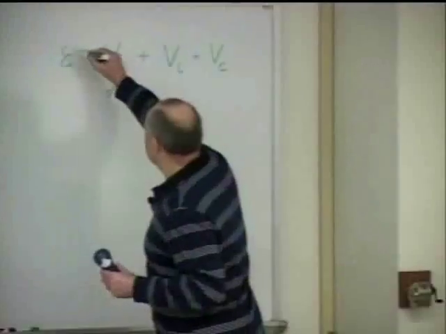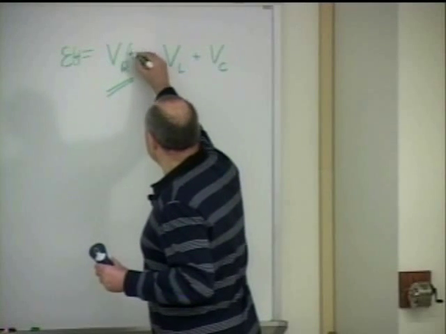Peak voltage, for example. Is it peak voltage? No. What else could I have in mind? Root mean square value voltage. Is it for root mean square values? No. Okay. What's the third one? Instantaneous. Correct.